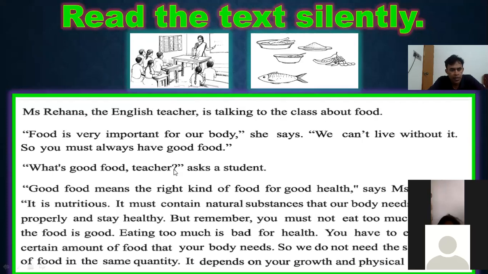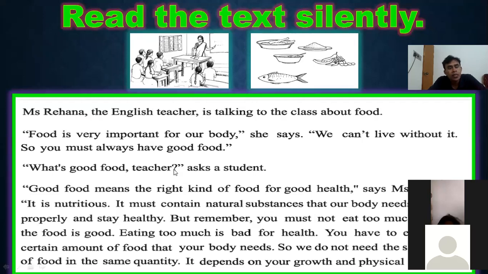Have a look please in the next line. It is nutritious. Good food must be nutritious. It must contain natural substances that our body needs to grow properly and stay healthy. If we want to grow properly and stay healthy, we have to have good food.